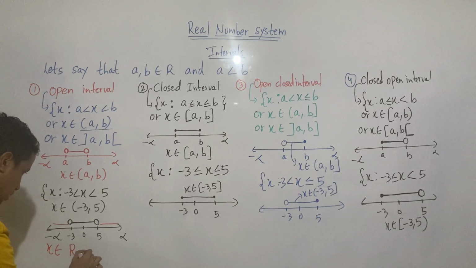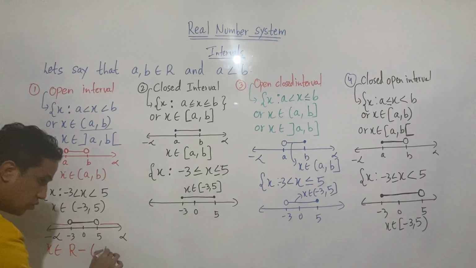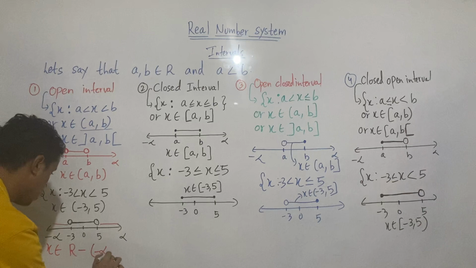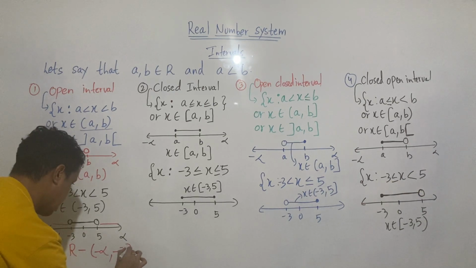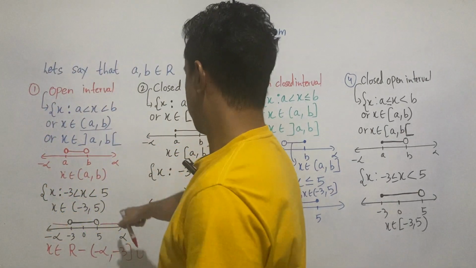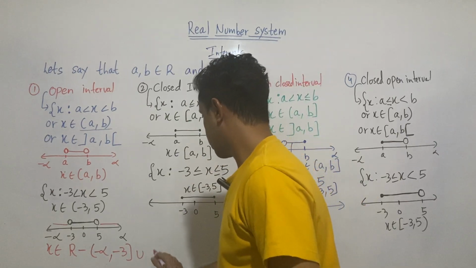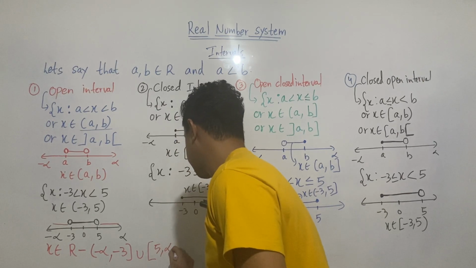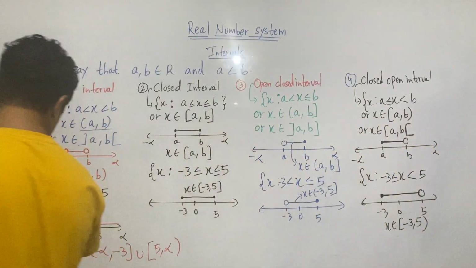Minus infinity to -3 union 5 to infinity, because here we have an open bracket. Sorry, is that correct?